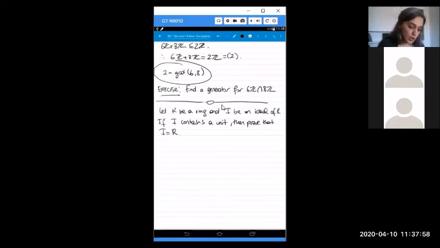We are going to prove this one, and then using this, we are going to show that the only ideals of a field are the trivial one and the field itself.